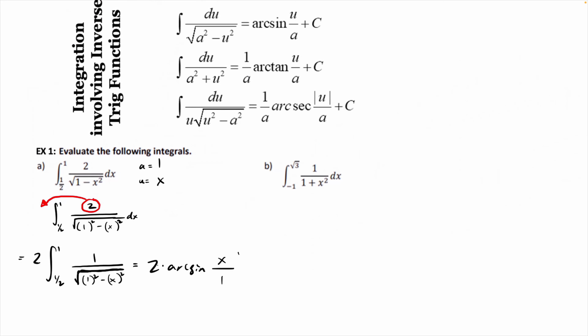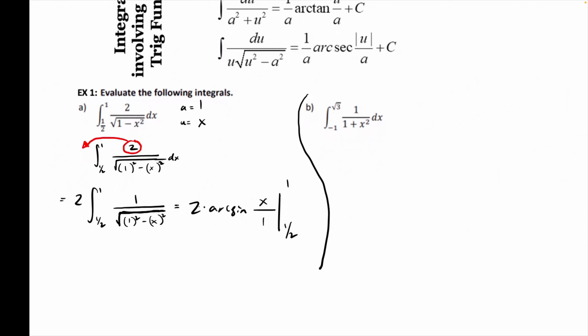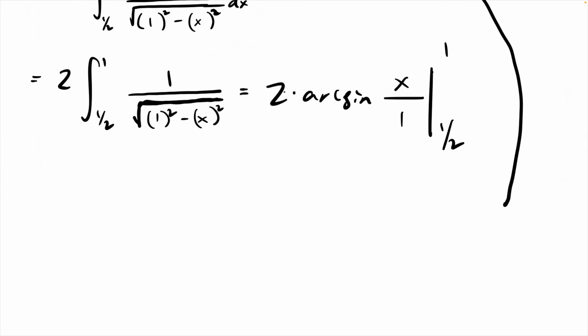So we're going to evaluate it from 1 to 1/2. That means I'm going to plug in the top bound, plug in the bottom bound, just like we did last week, and subtract them.